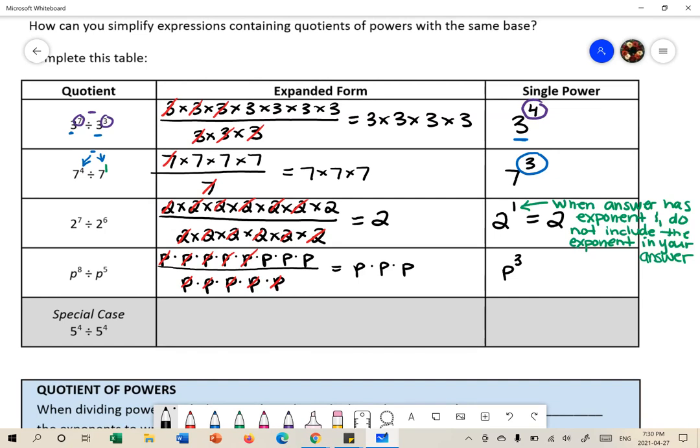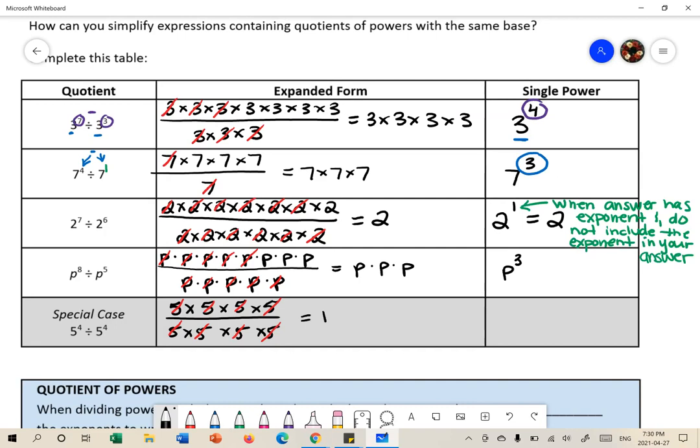Let's complete the last example together. 5 raised to 4 divided by 5 raised to 4. 5 times 5 times 5 times 5 divided by 5 times 5 times 5 times 5. The numerators and denominators will cancel each other out. And so 5 divided by 5 is equal to 1.